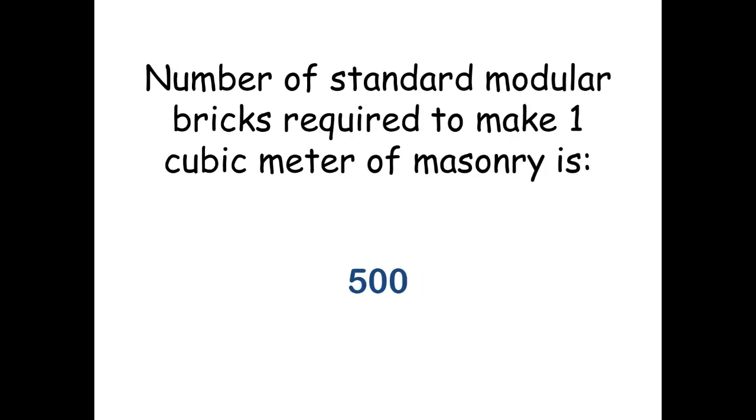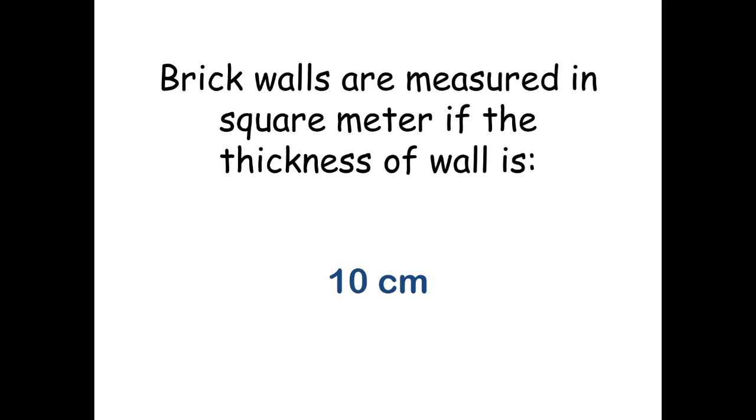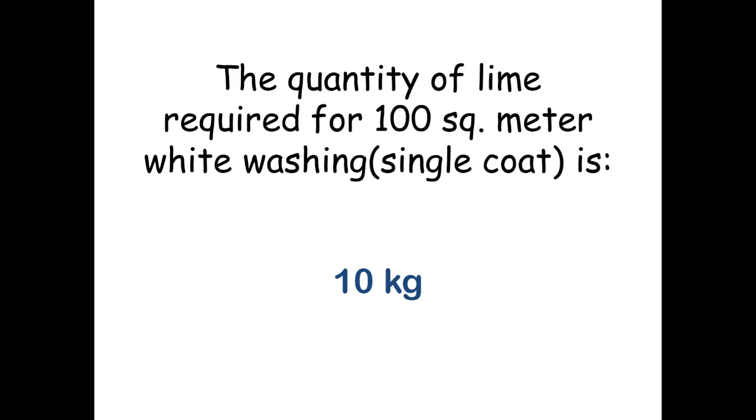Number of standard modular bricks required to make 1 cubic meter of masonry is 500. Brick walls are measured in square meter if the thickness of wall is 10 cm. The quantity of lime required for 100 square meter whitewashing single coat is 10 kg.